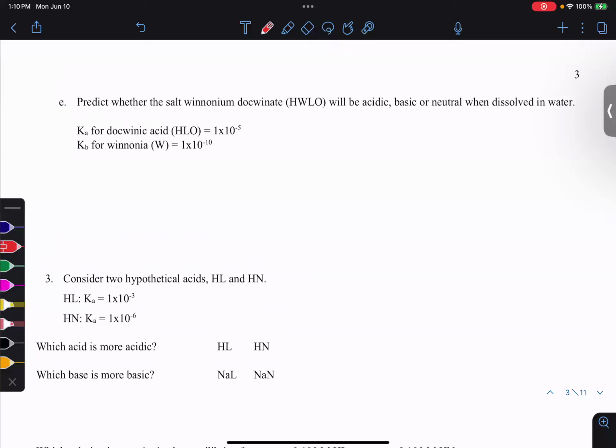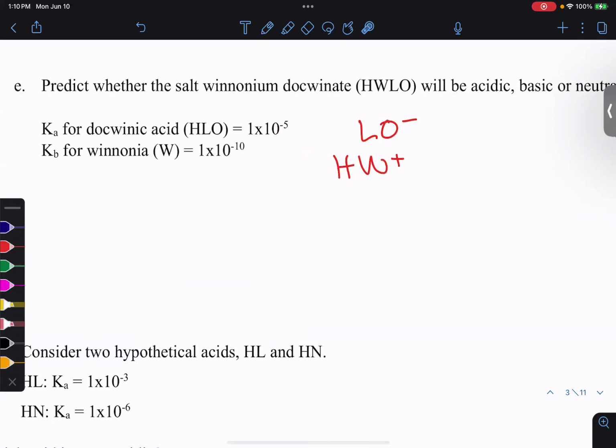So I'm not combining HLO and W. I'm actually combining LO minus, that's a base, and I'm combining HW plus, that is an acid. Because you might be looking at this and thinking, oh, docwinate is a stronger acid than winonia is a base, but that's not what I'm mixing together in solution.